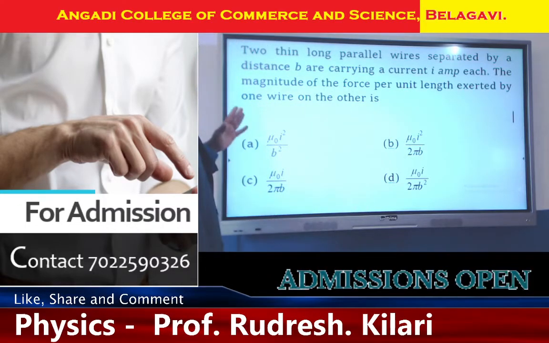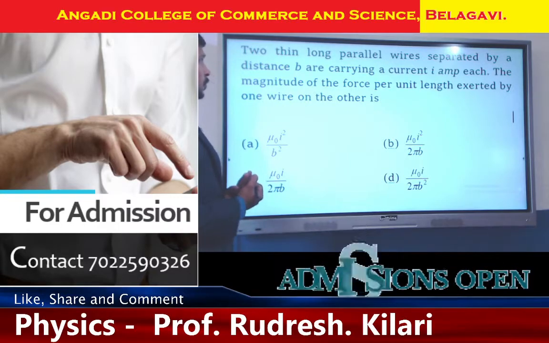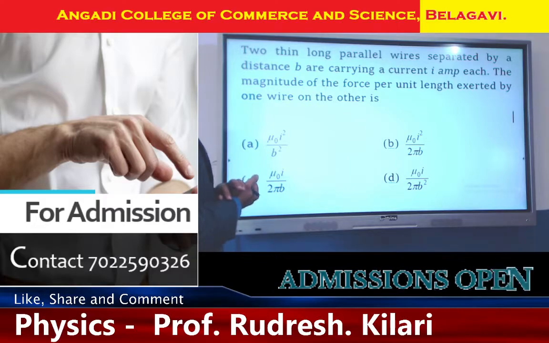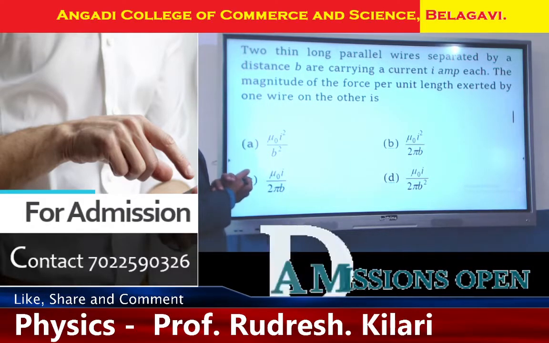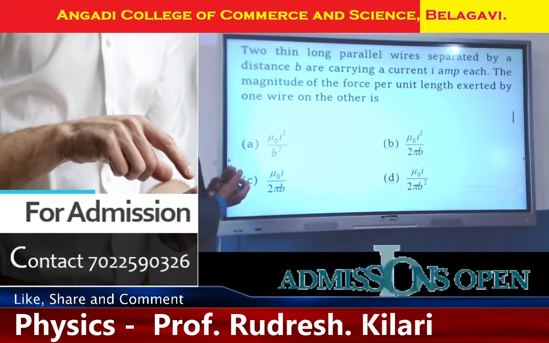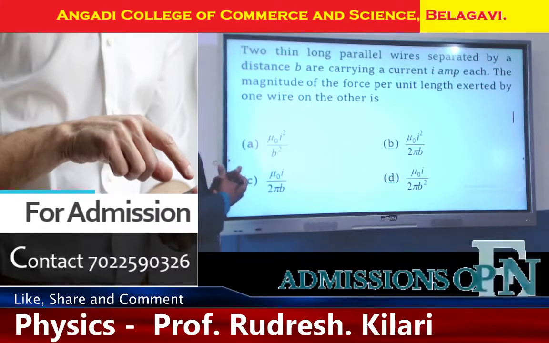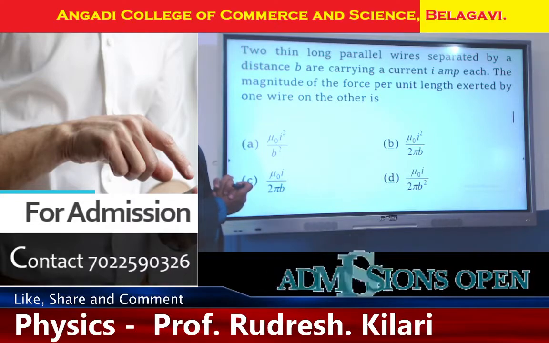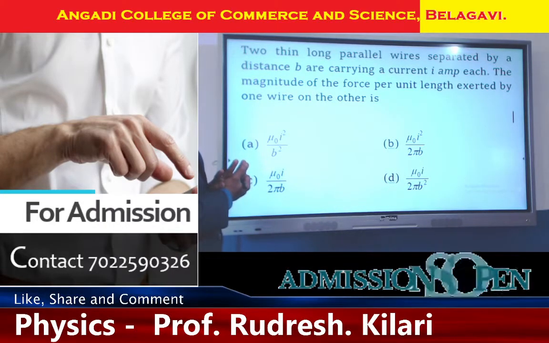Now, two thin long parallel wires separated by a distance B are carrying a current I ampere each. The magnitude of force per unit length exerted by one wire on the other is?